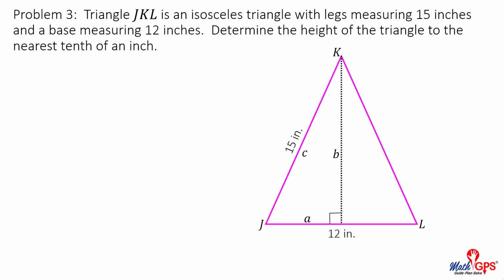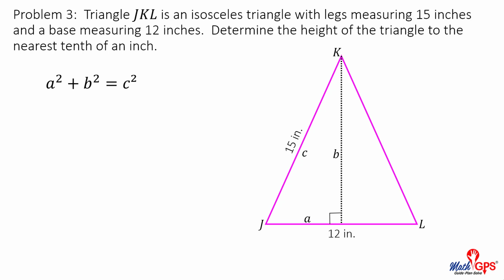Identify the two legs of the right triangle as A and B. Identify the hypotenuse as C. The hypotenuse is the longest side of the triangle and is always opposite the right angle. The Pythagorean theorem can be used to find the missing height of the isosceles triangle, side B. A squared plus b squared equals c squared.